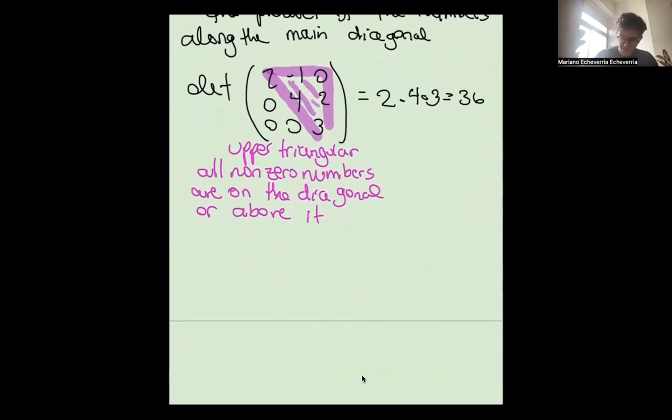Okay. And again, it can be done for any square matrix. Now, about lower triangular: that is where the non-zero numbers are on the diagonal or below it. Let me do it in the 4x4 case, like -1, 2, 4, 3, 0, 0, 0, 0, 0, 0, and then you can put whatever you want here.